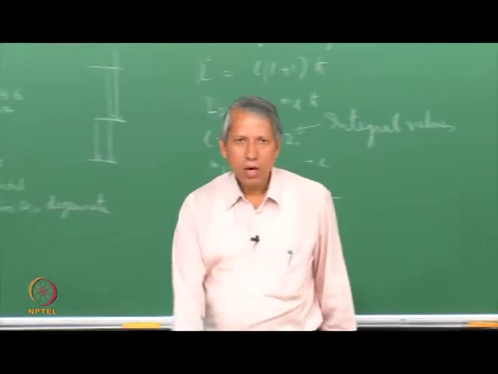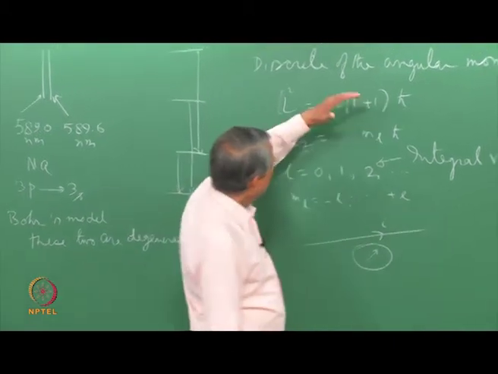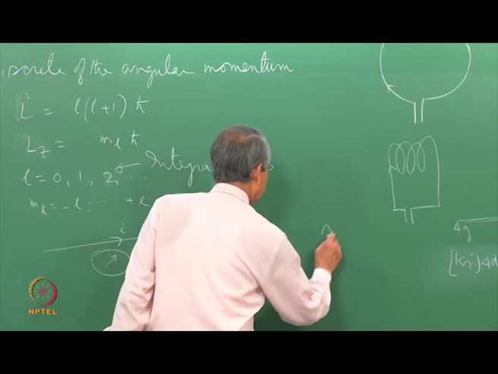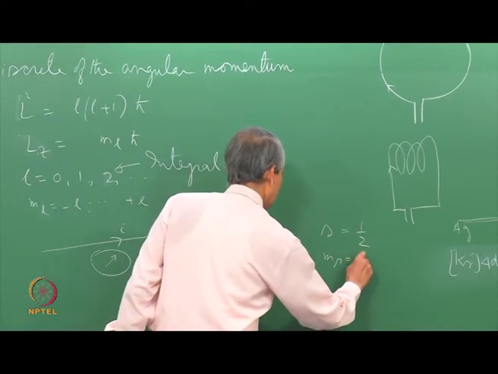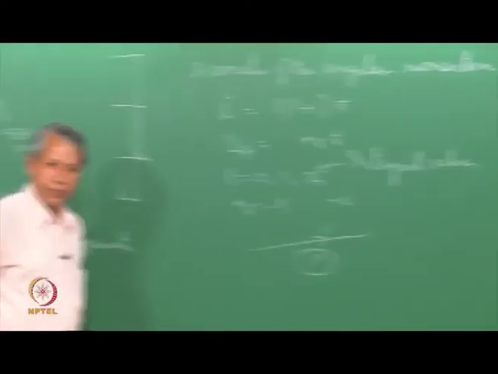Important thing is that the angular momentum that the silver atom should have will have not integral values, but half integral values. If I call them S, this will have a value of half, ms equal to plus minus half, which is quite different from what has been accepted till then.